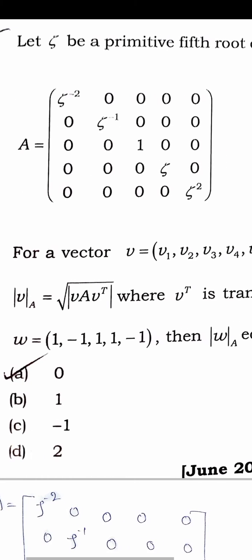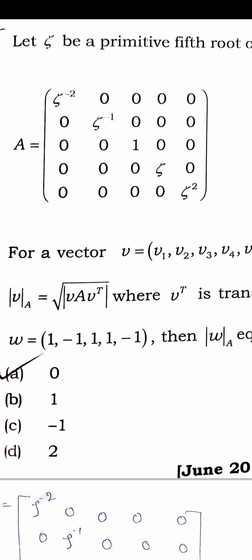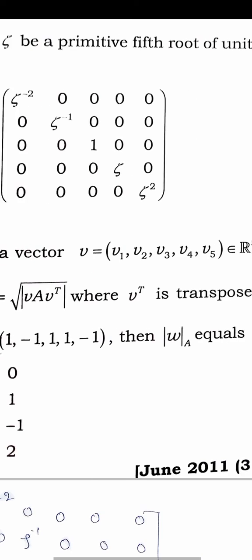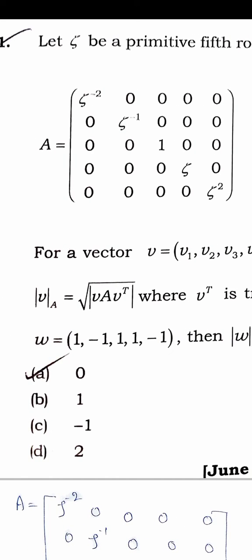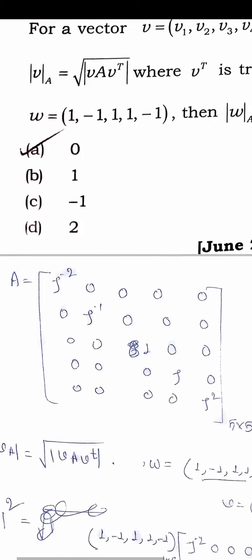Then if W is given this, what is this quantity, mod WA? Okay, so let's see the solution here.